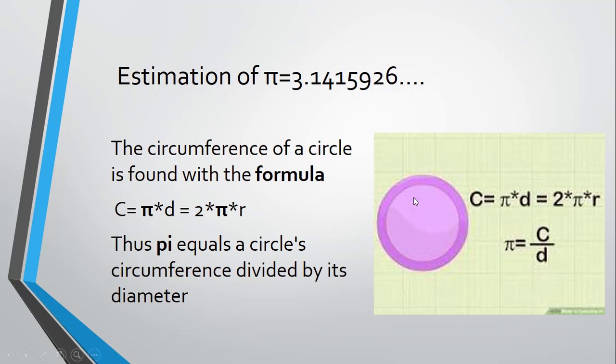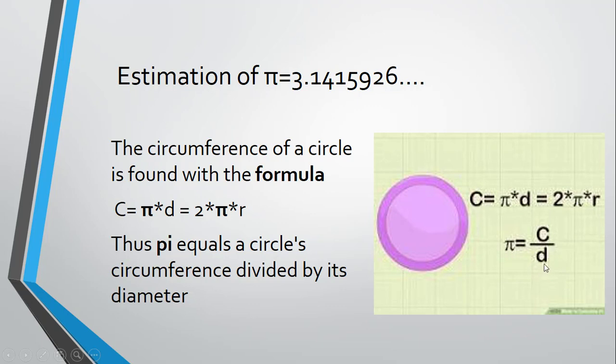Now, what is pi? Pi has something to do with circles, of course. The circumference of a circle is found with the formula circumference equals pi times d, where d is the diameter of the circle, or 2 times pi times r, where r is the radius. Then C equals pi times d equals 2 times pi times r, and pi equals C over d.